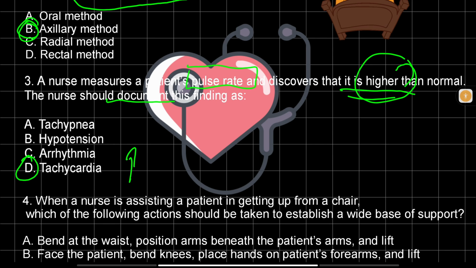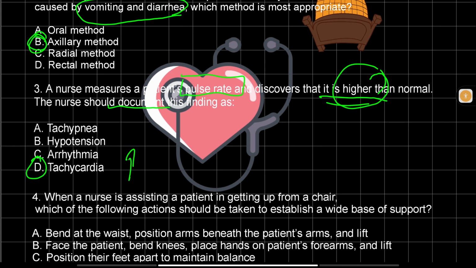All right. So when a patient's pulse rate is higher than normal, the nurse should document this finding as tachycardia. Basic. Tachycardia refers to a rapid heartbeat, typically defined as a heart rate greater than 100 beats per minute in adults. Remember, you guys, that we have different normal values for our patients, depending on their age bracket.